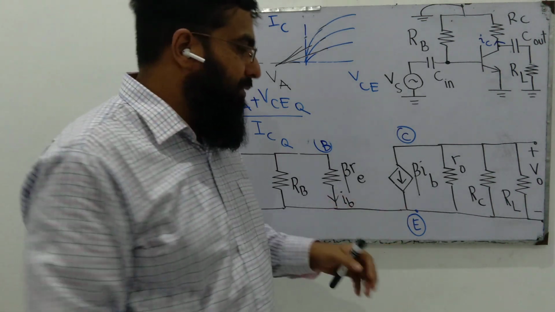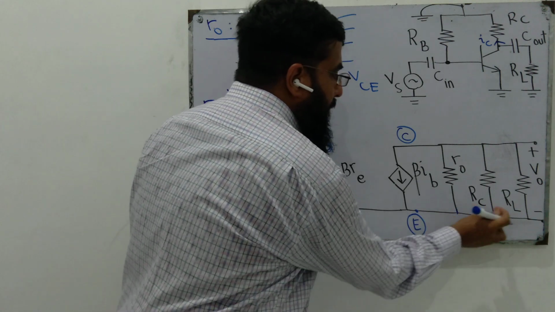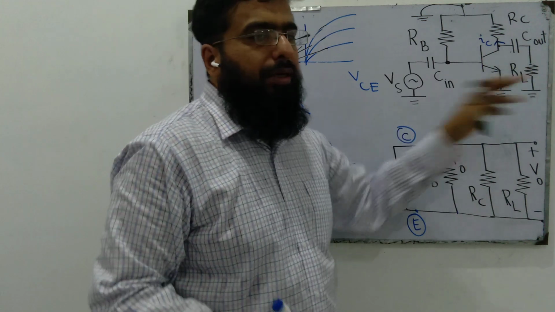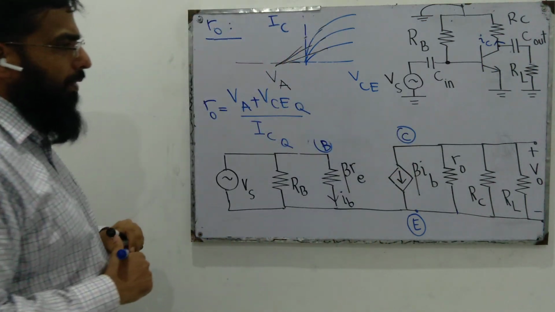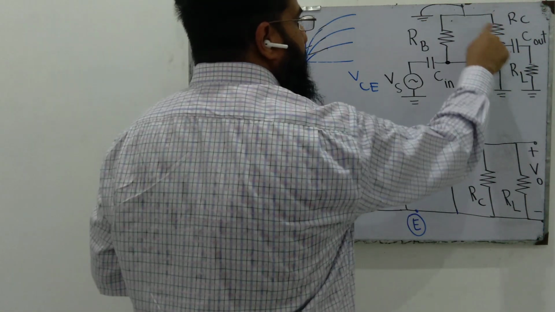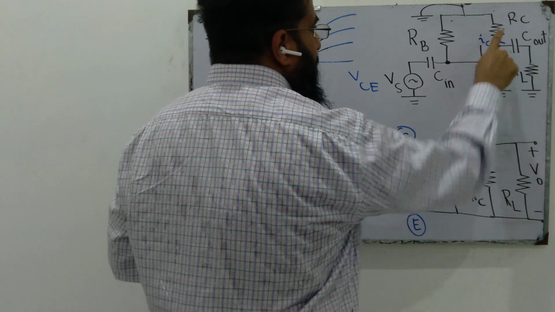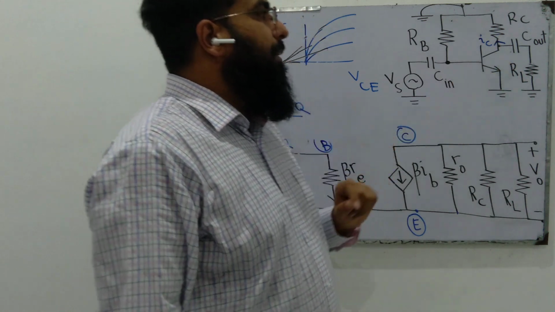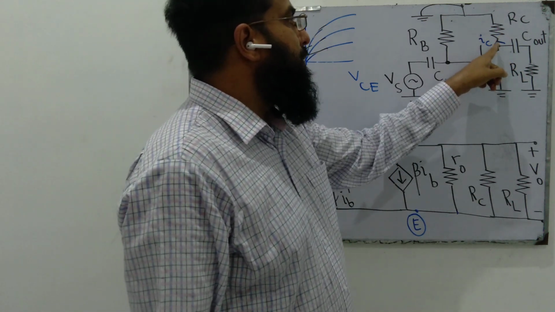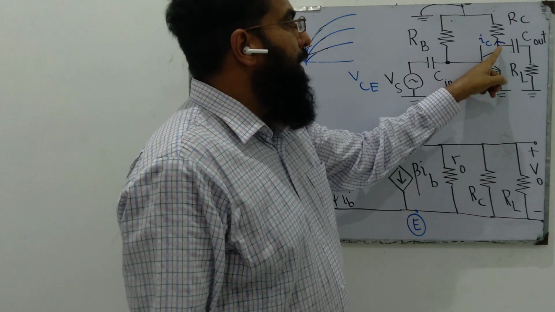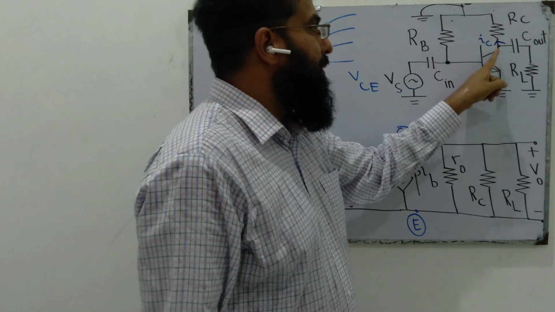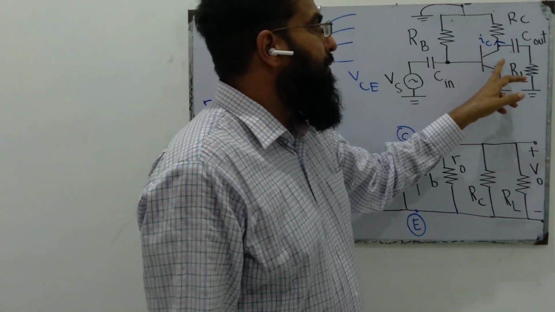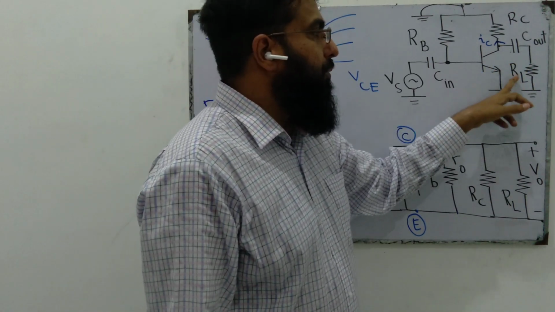Generally it's very large compared to RC and RL. RC and RL are our externally connected resistors. We talked about this in our last lecture, that RC and RL appear to be in parallel with each other, because from the collector terminal we go to ground through RC, and C out happens to be a short circuit for AC, so there is a path to ground through RL.